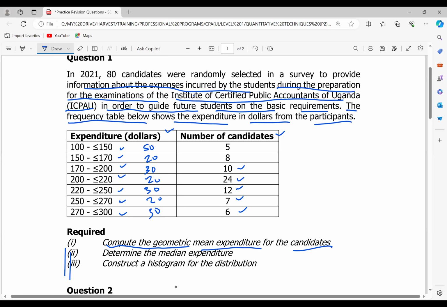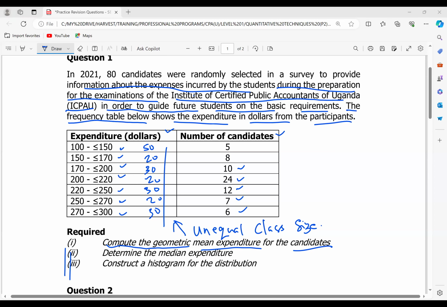That's 30. So you can see these are unequal class size. The class sizes are not equal, which is usually expected to be the case.